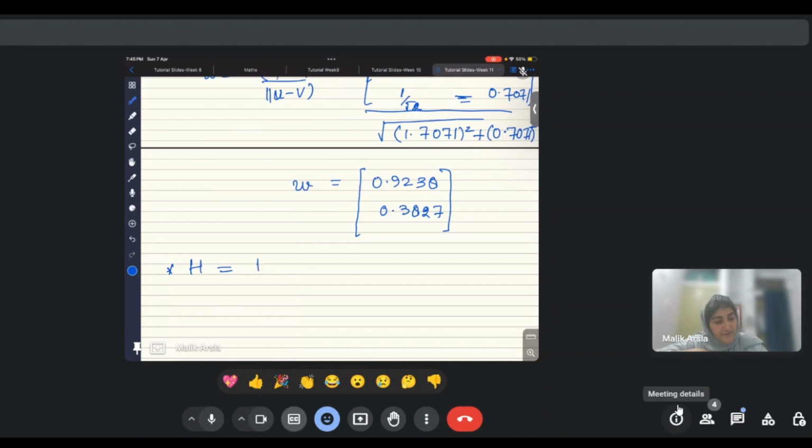Okay. Then find what is I minus 2 W W transpose. Quickly.